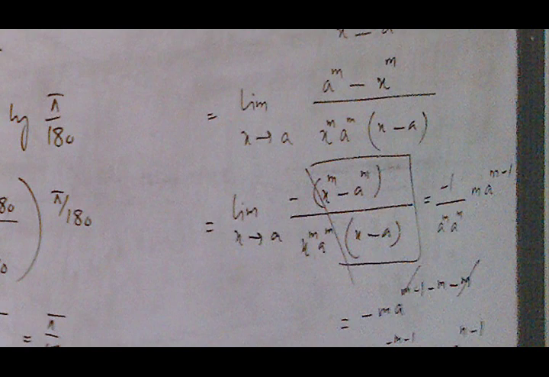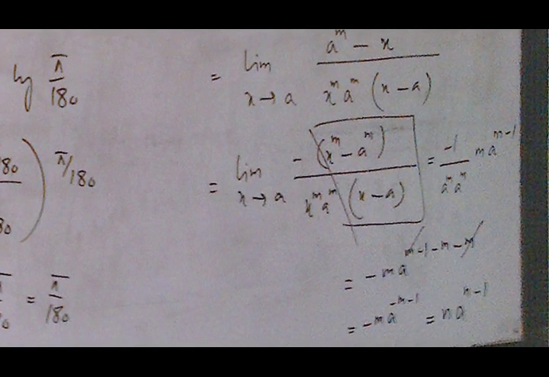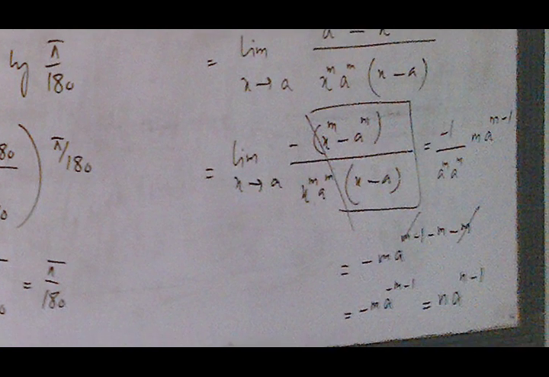We apply the result m minus 1, and then with the same base we subtract the denominator values from the numerator, m minus 1 minus m. So because minus m is equal to n, therefore it is also equal to n a raised to n minus 1.